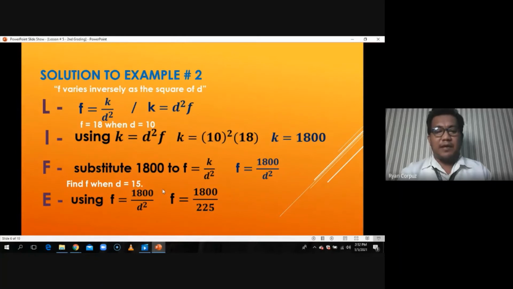Then, let's simplify 1,800 over 225. It so happened that 1,800 is exactly divisible by 225. If we divide it, we come up with an answer equal to 8.